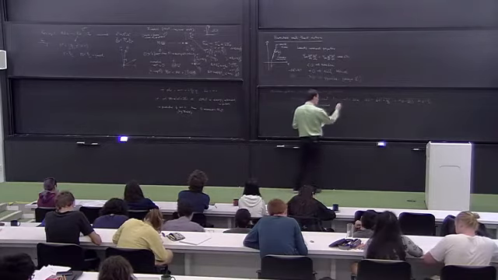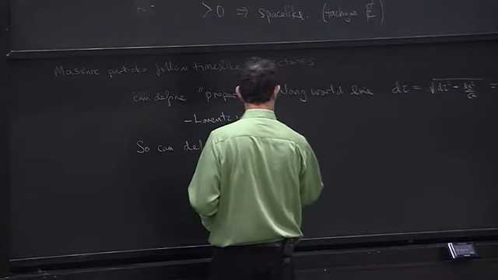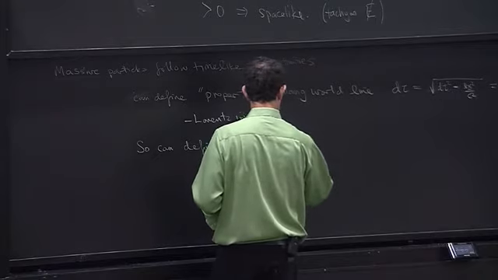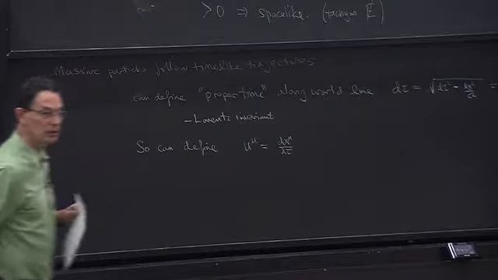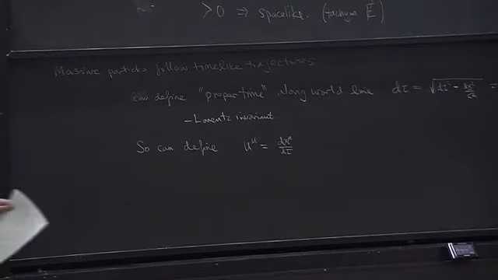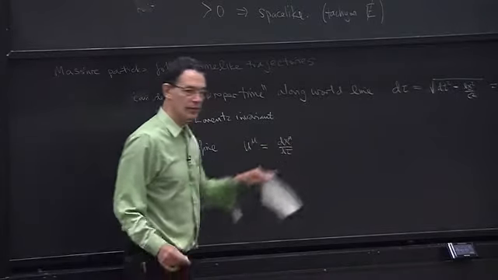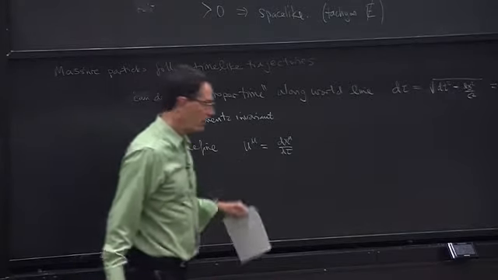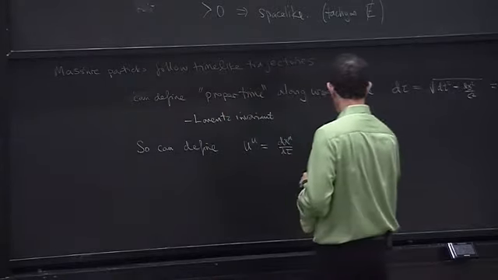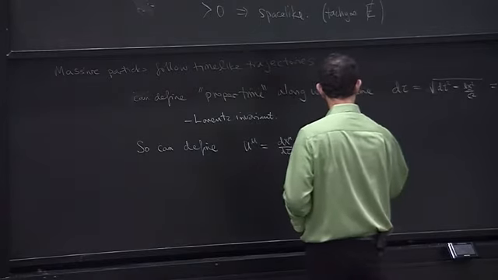Well, now we have a time which is Lorentz invariant. We just have to calculate this, right? And because the d tau is Lorentz invariant and the dx is a Lorentz vector, this is a Lorentz vector. Okay, so this is the 4-velocity.